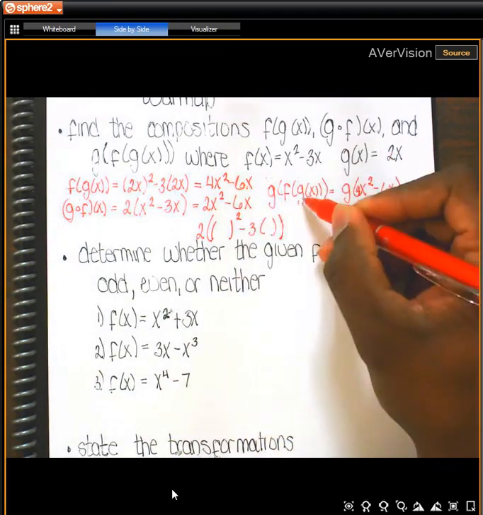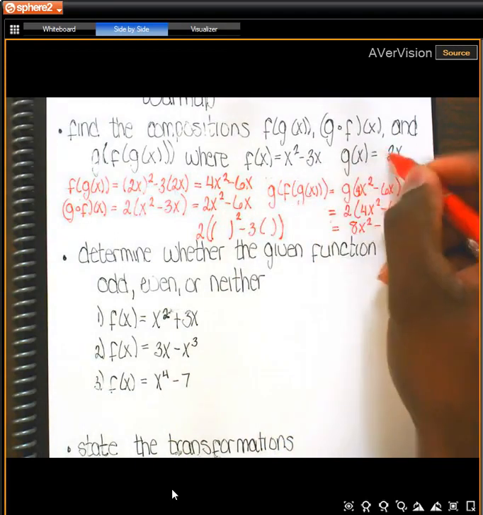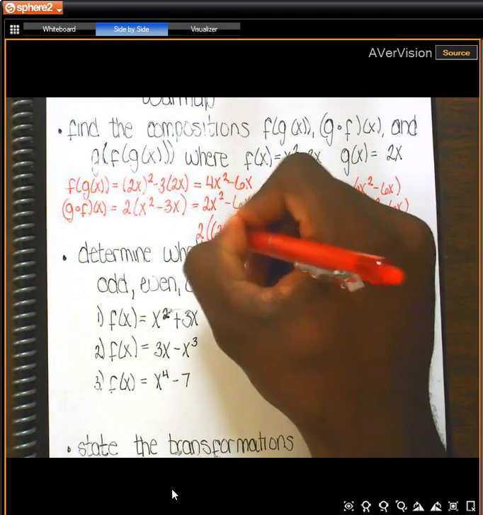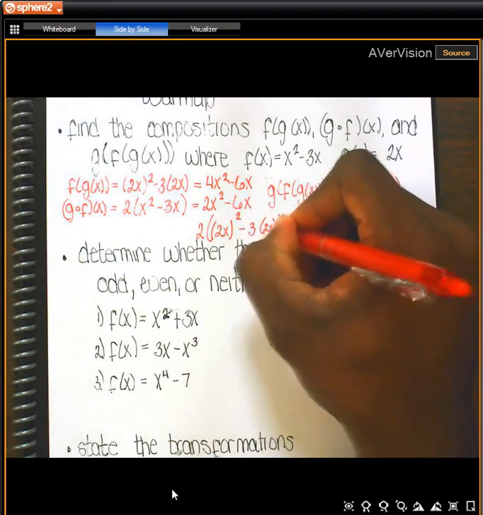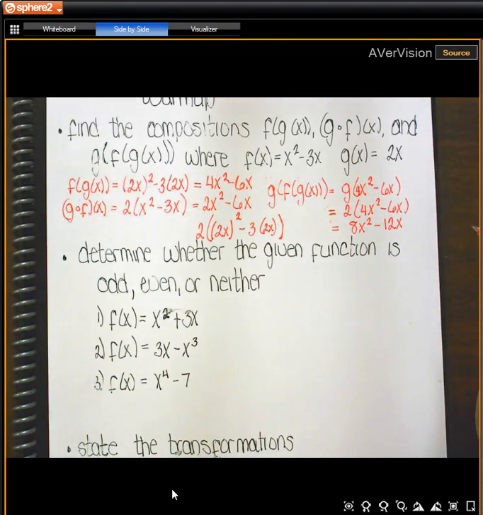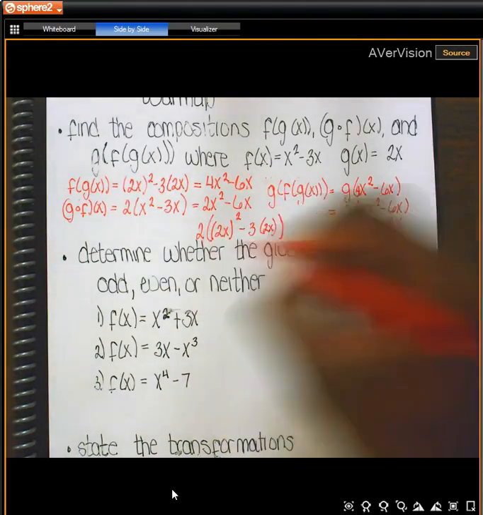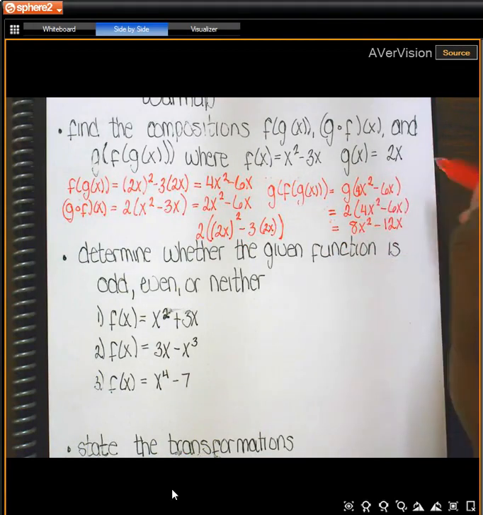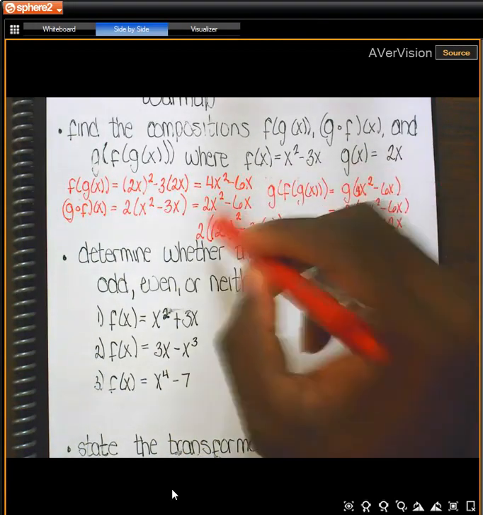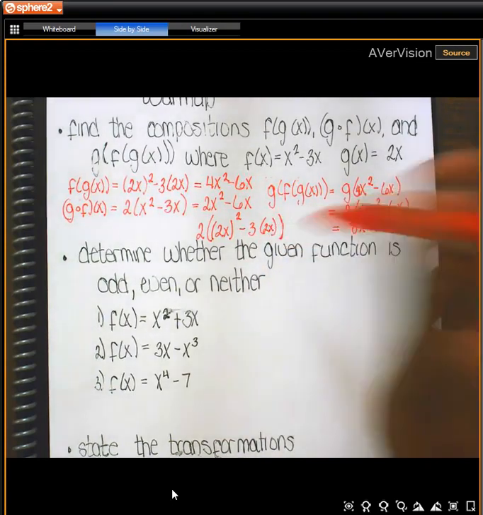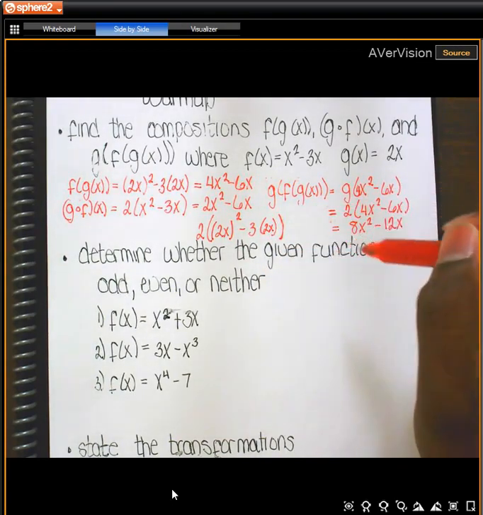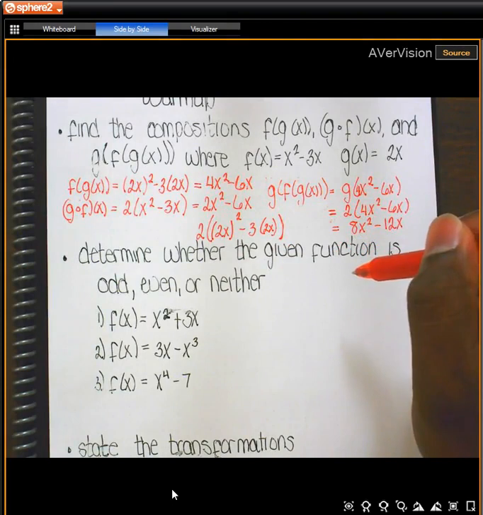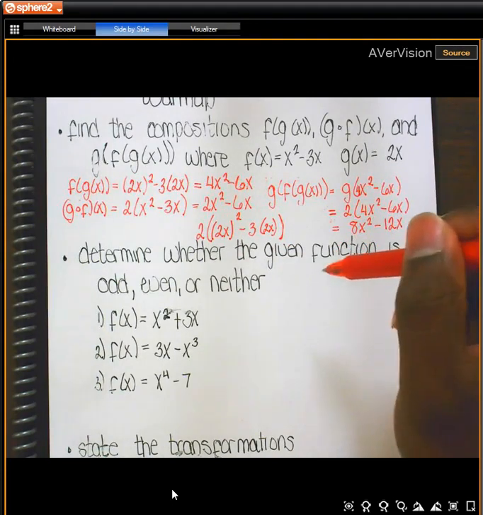And the next thing is g. In those spaces, you're going to put g. So if you simplify this, you'll get the same thing as this, but this way is definitely easier. But if you know this way and you're good with it, by all means, you can stick with that. Any questions?